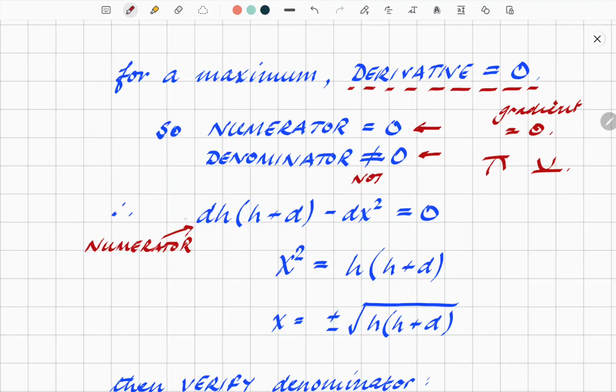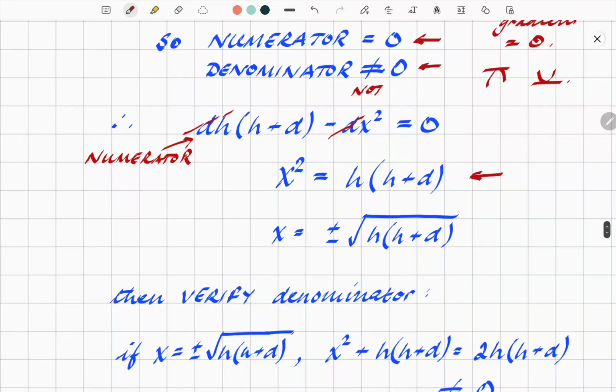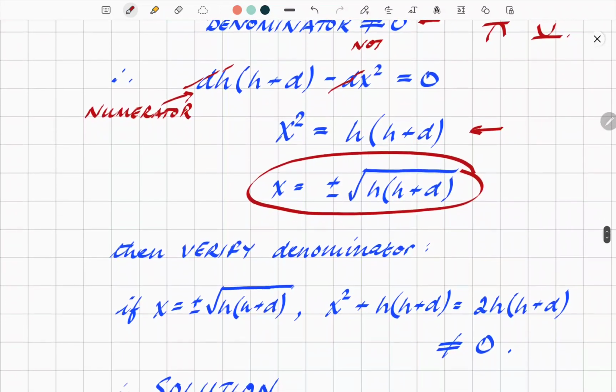Rearrange, you can get rid of the d's because we're multiplying by a factor and the whole thing equals 0, so d cancels out. And you're left with x squared equals h times (h plus d). So logically, x must have a value that is plus or minus the square root of the product of h and (h plus d). All right, so that's our main statement.